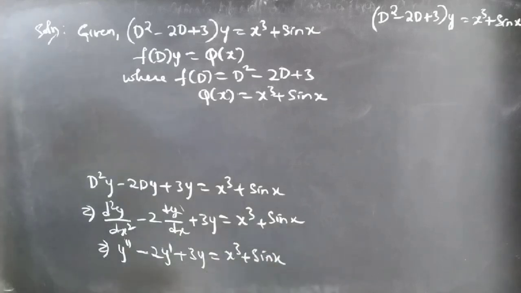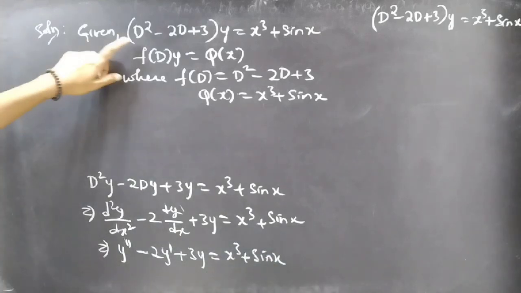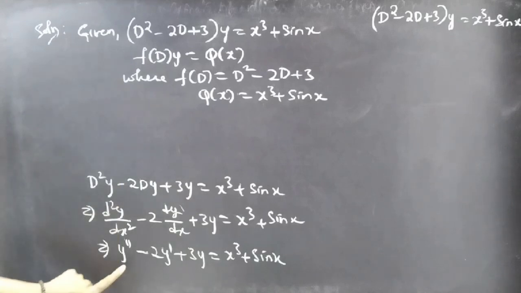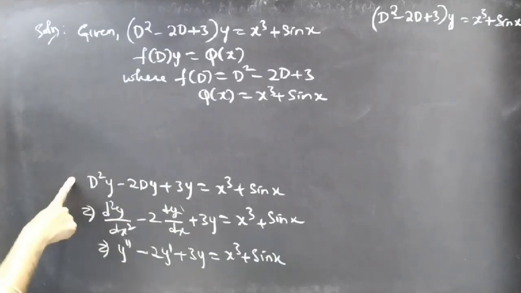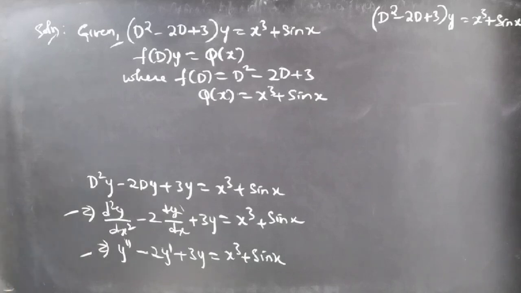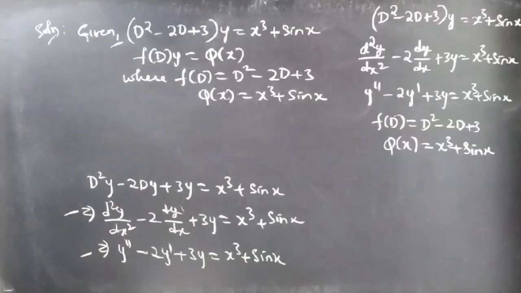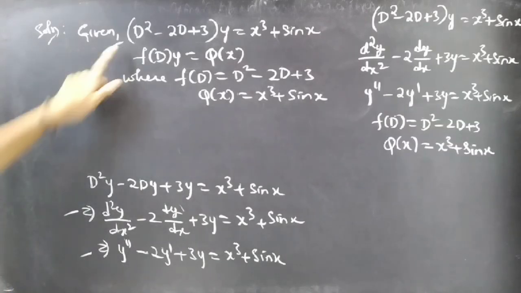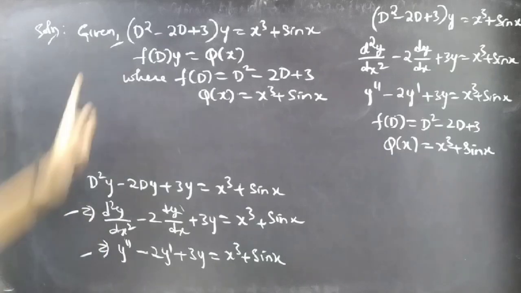So we are asked to solve this equation or this equation, both are the same. You can ask any of these three; the same problem can be asked in any of these three ways.